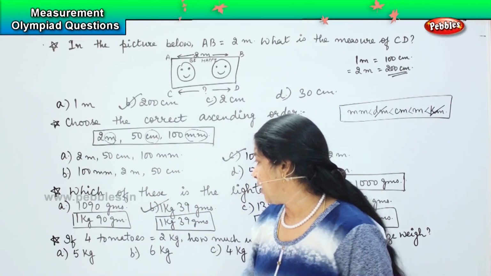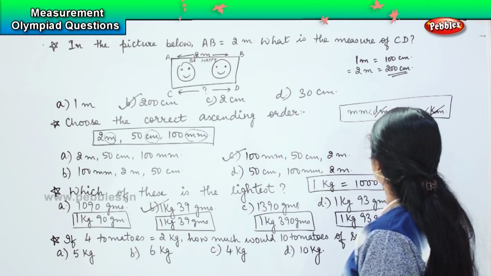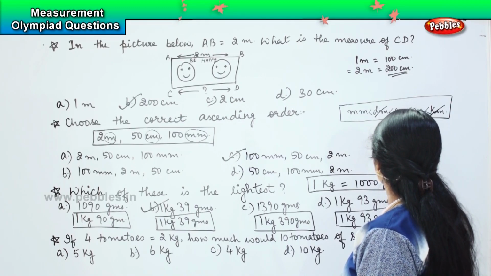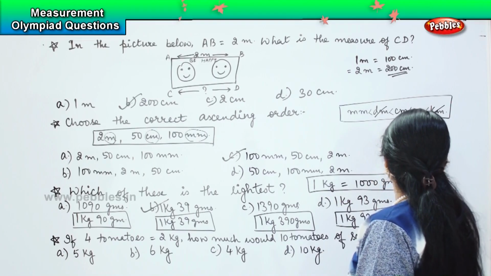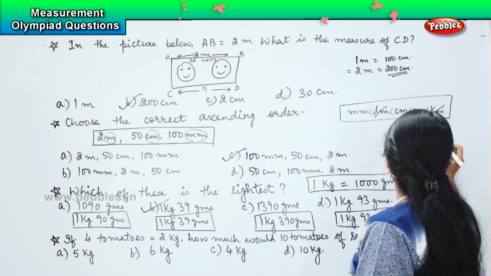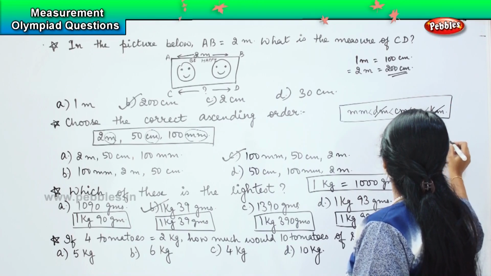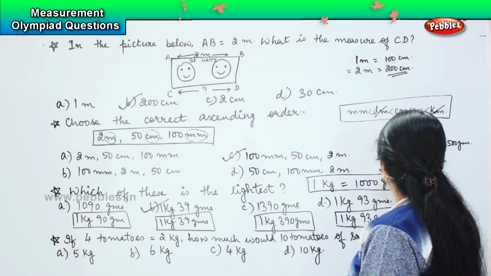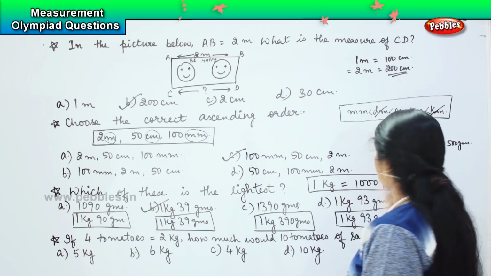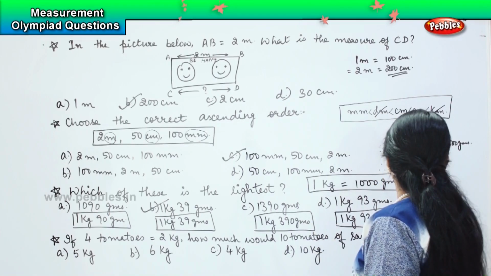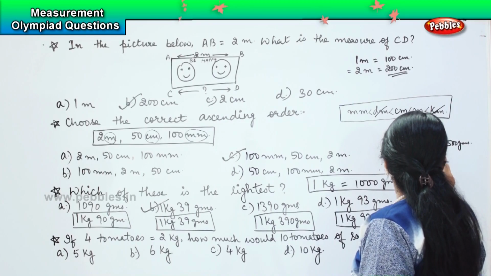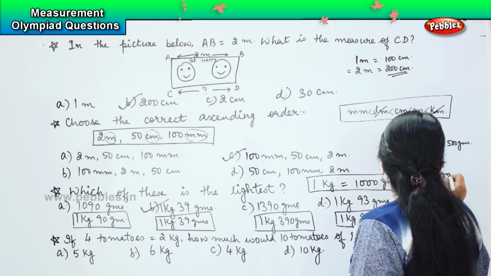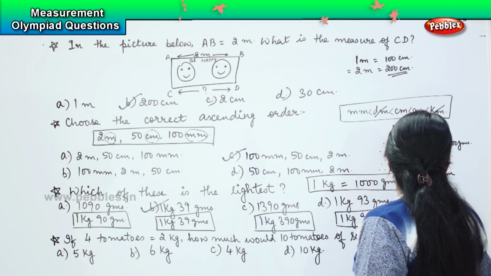Okay. So if 4 tomatoes is equal to 2 kg, then we need to find the weight of 1 tomato, right? So it is 2 by 4, which is equal to half, or 500 grams. Now is it easy for us to find the weight of 10 tomatoes? It should be 500 into 10, that is equal to 5000 grams or 5 kilogram.